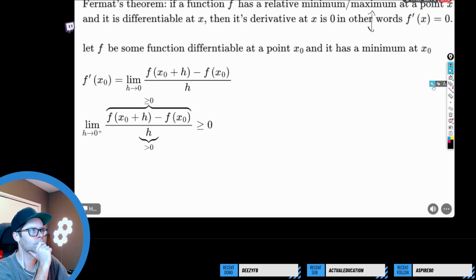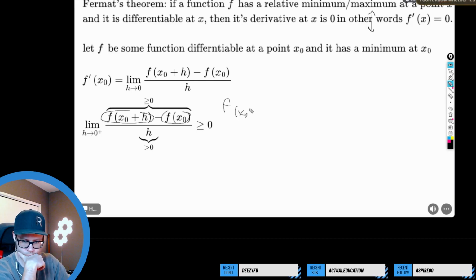because now I can say that because it has a minimum, it is smaller or equal than all of the others, right? This is how we would define it, as smaller or equal to all of the other points in some close proximity of it.